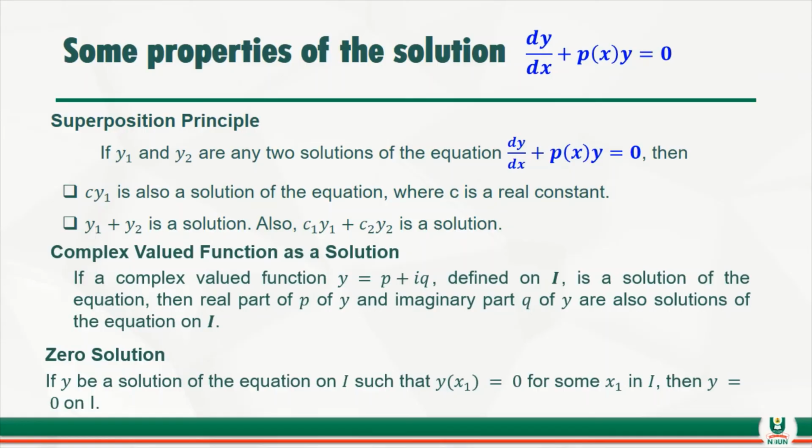So you can now see that there are three major important properties which are available for either homogeneous or non-homogeneous equations. We just call them some properties of the solution. The three are the superposition principle, complex-valued function as a solution, and zero solution.